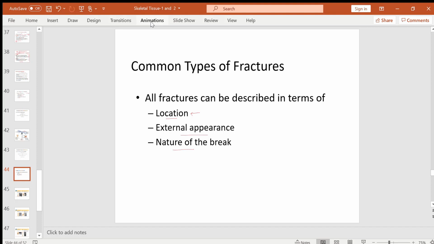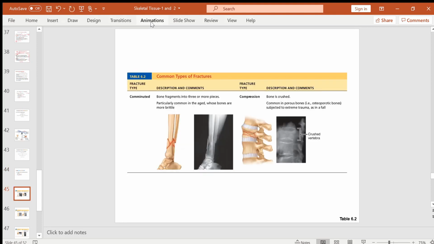This type of fracture is called comminuted fracture. Usually occurs in older people. What is the nature of this fracture? You see, in this area, multiple fractures have occurred. So not a single, you have multiple fractures. So this is called comminuted fracture. In the same area, multiple fractures.